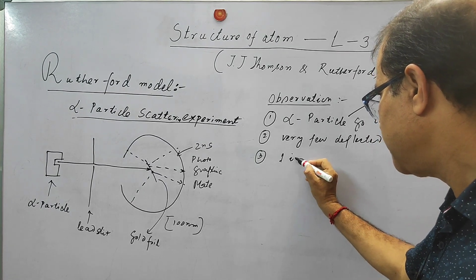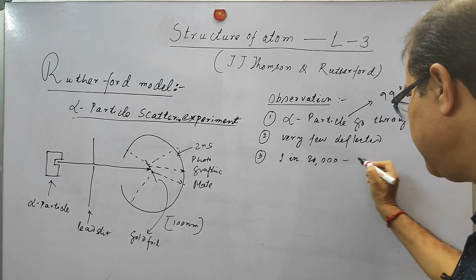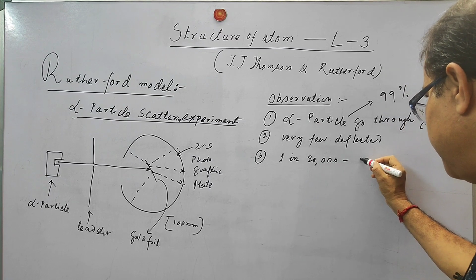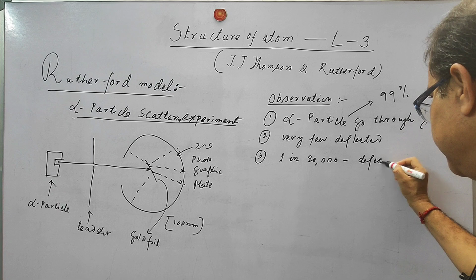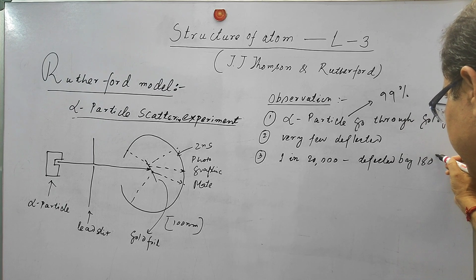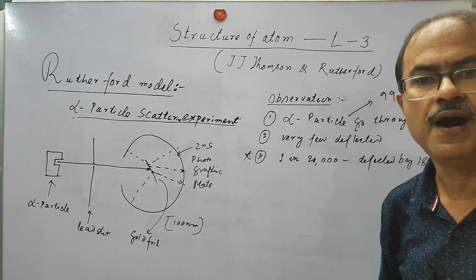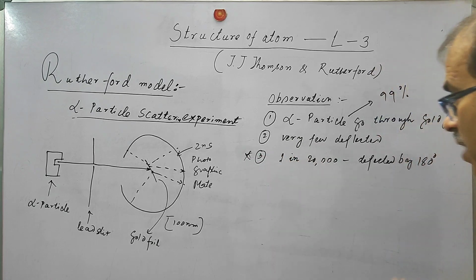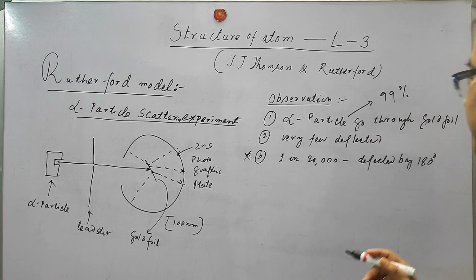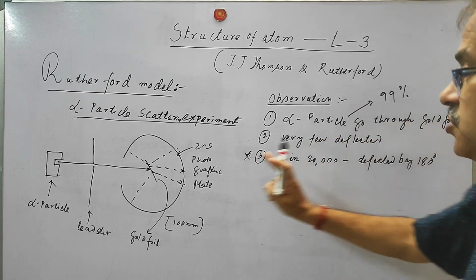One in 20,000 alpha particles are deflected by 180 degrees. And that is the most striking observation by Rutherford. One in 20,000 alpha particles deflected by 180 degrees. That means they do not cross the gold foil.